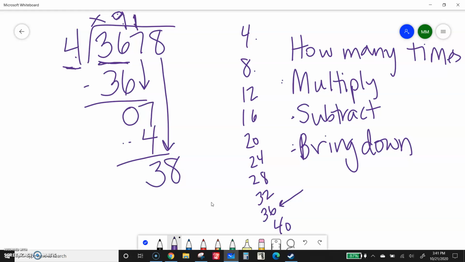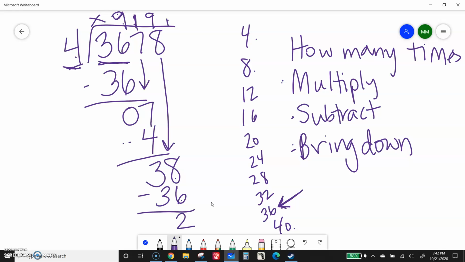How many times does 4 go into 38? Look at my list of multiples. 40 is too big, so it's 36 again. So that's 9 times. Now I multiply. The number I just wrote, 9 times 4 on the outside, is 36. Subtract. 8 minus 6 is 2. 3 minus 3 is nothing.